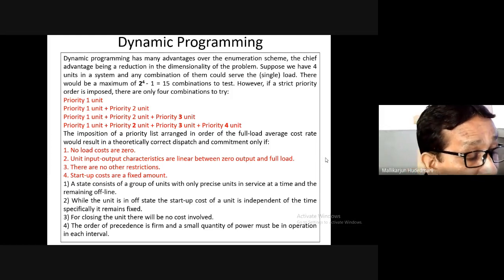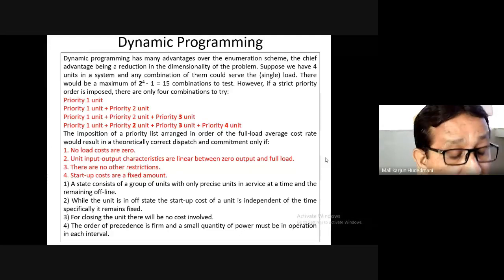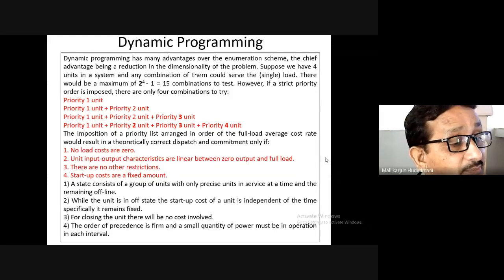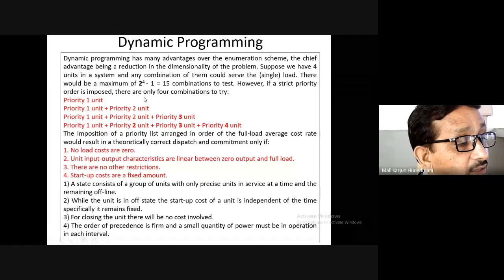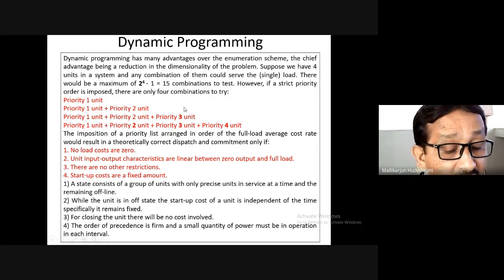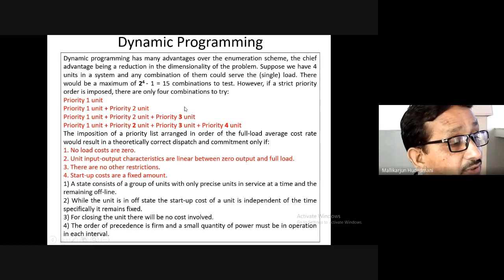Then the number of decisions taken is straight away reduced to the number of components. Like in the case of a power system, if there are n generators, like n equal to 4 on my slide, 2 raised to n minus 1 combinations I need to check if it is a simple priority listing method or other techniques.